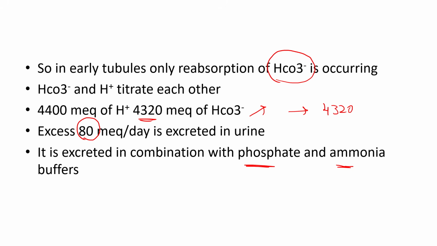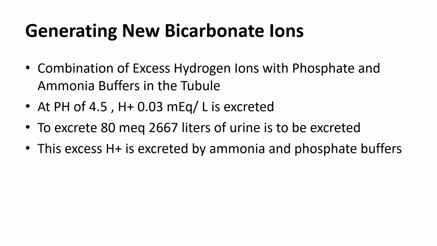Why in combination? If not in combination, to excrete this, we would require so much water. So we'll see the combination of excess hydrogen ions with phosphate and ammonia buffers. Usually at a urinary pH of 4.5, only 0.03 milliequivalents per liter is excreted.